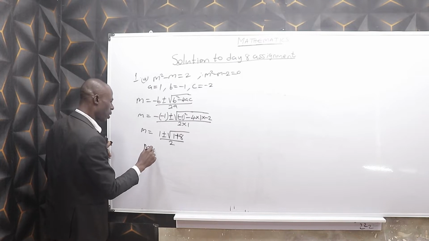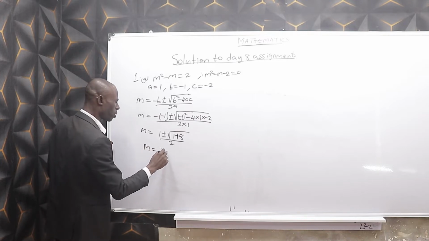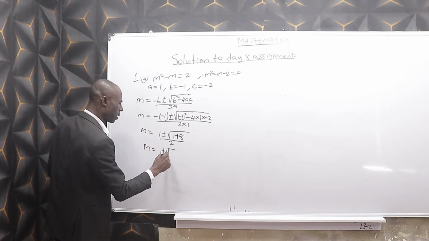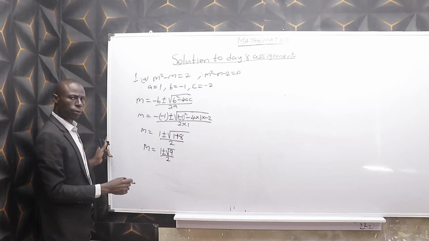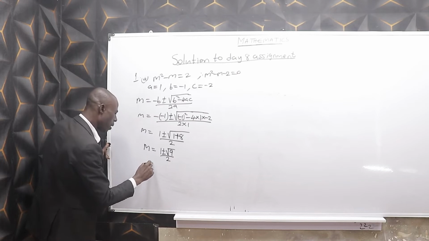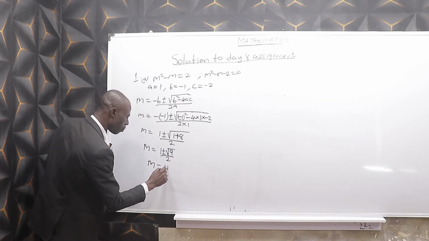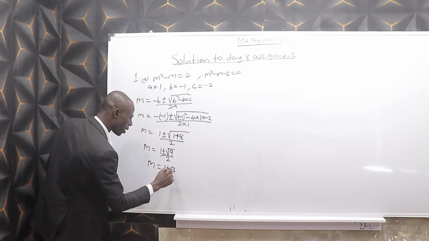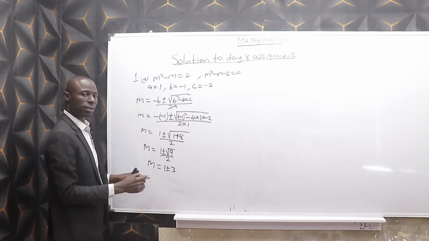So m equals 1 plus or minus square root of 9 over 2. Are you following? m equals 1 plus or minus 3 over 2, since the square root of 9 is 3.